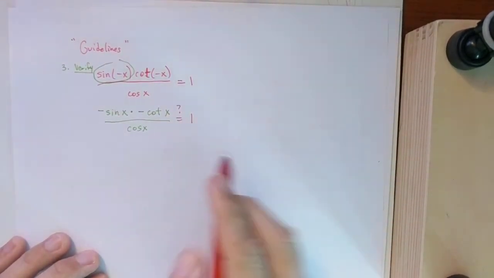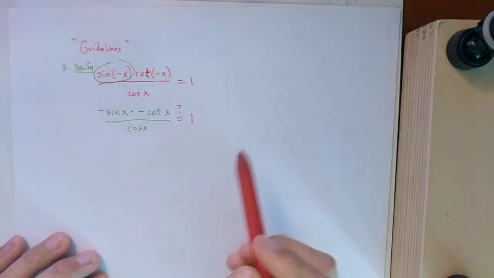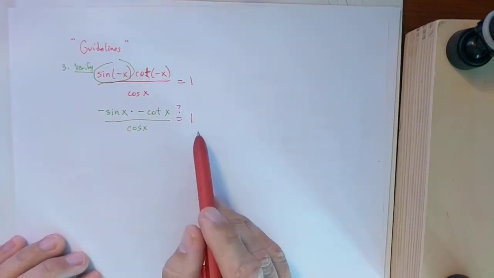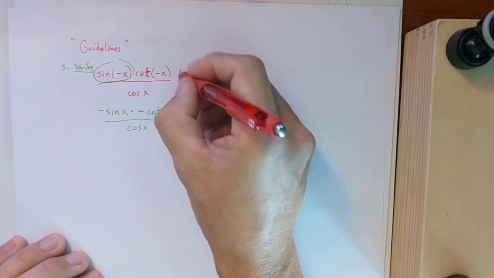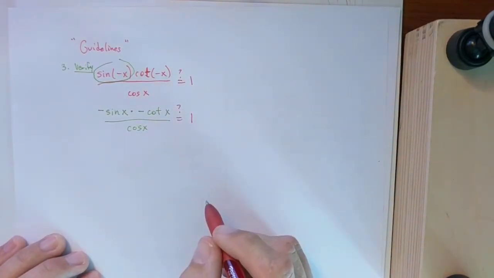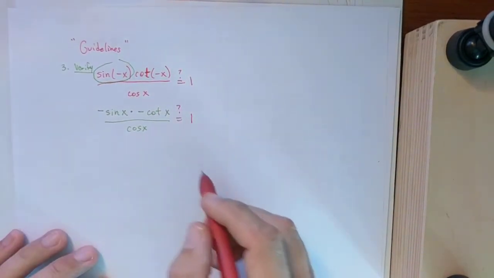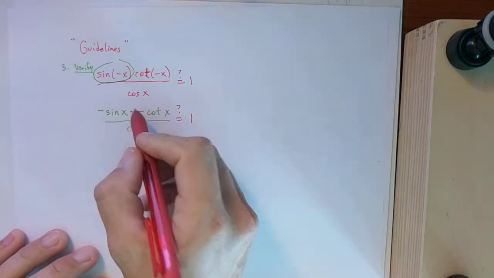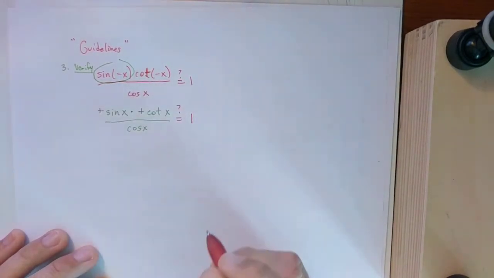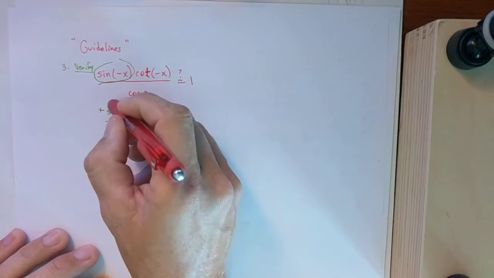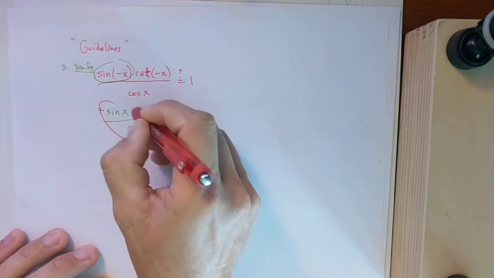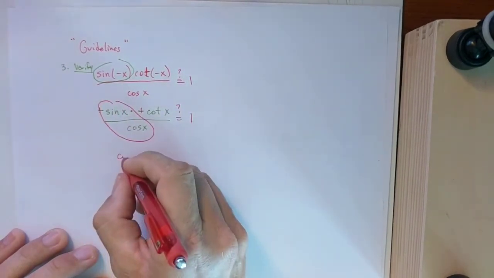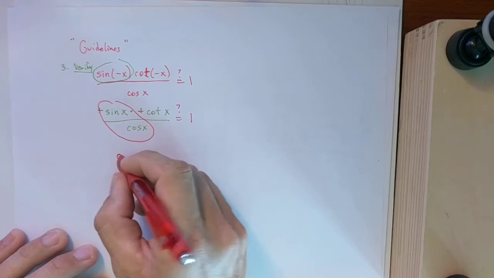I'm not sure yet because I'm trying to verify this. I haven't really proved that it equals 1 yet. So for now, I'll put a little question mark there, but we're going to quickly find out that this really does work. First off, a negative times a negative is a positive, and sine over cosine is tangent, my fault.